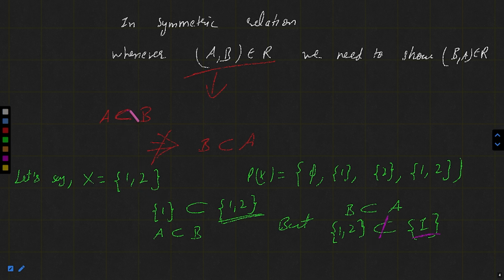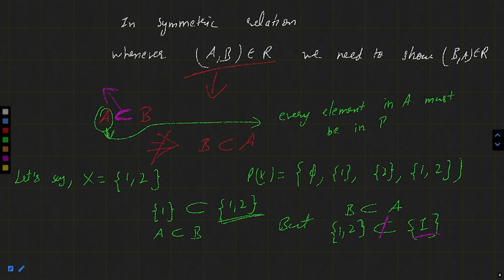As also this symbol shows that this says every element in A must be in B. That's it. Every element in A must be in B. Okay.